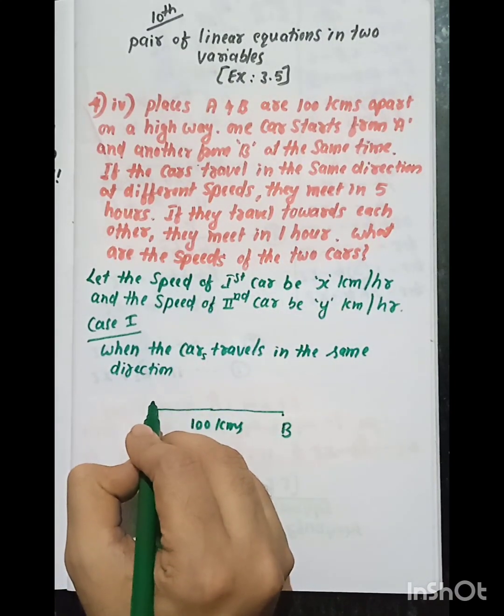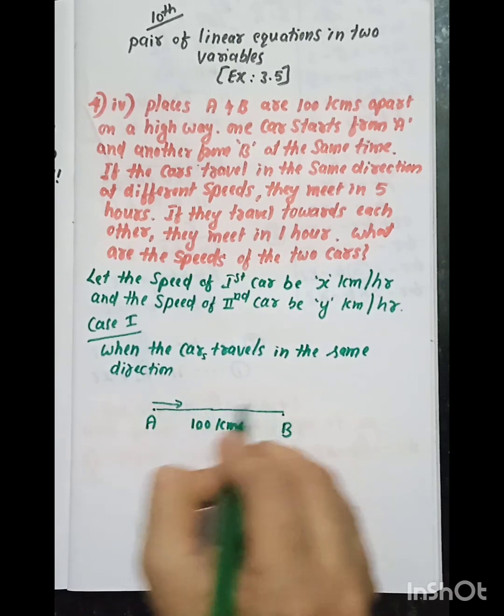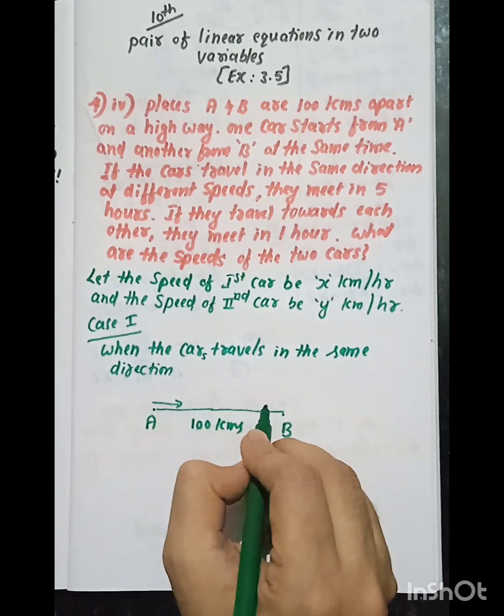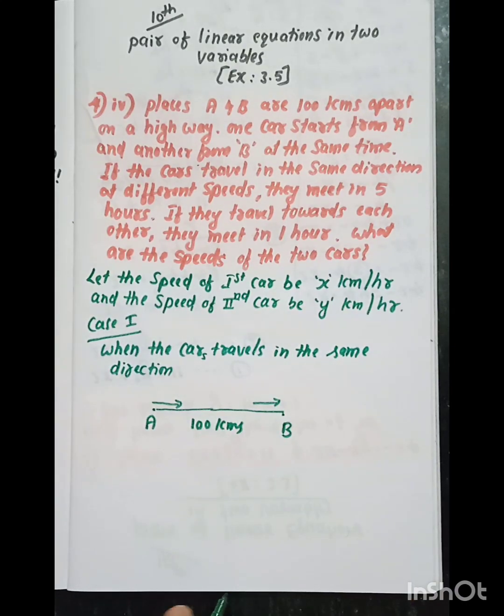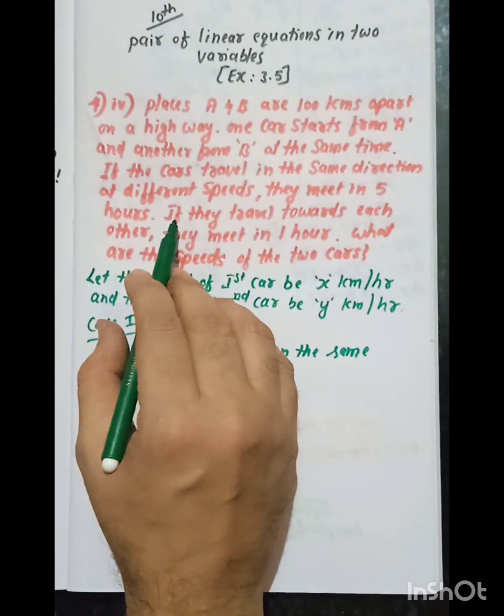Cars travel in the same direction. It means the first car starts in this direction and the second car is also moving in the same direction. Then they meet in 5 hours.